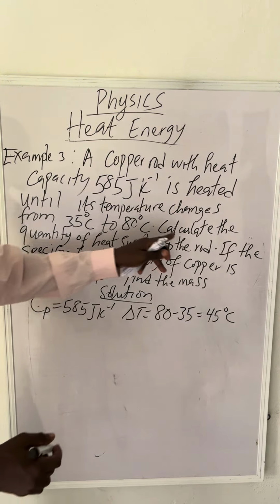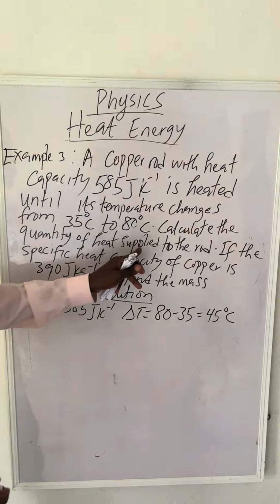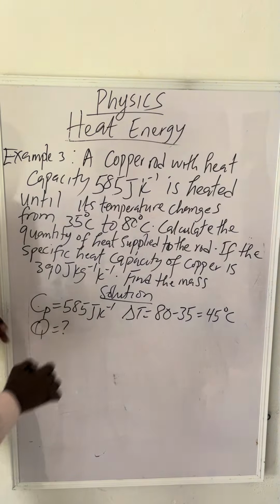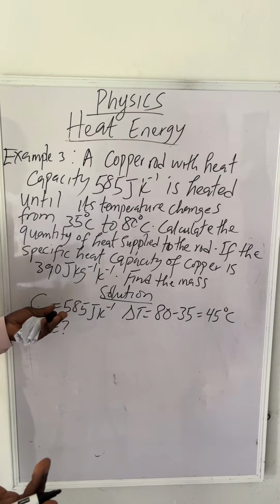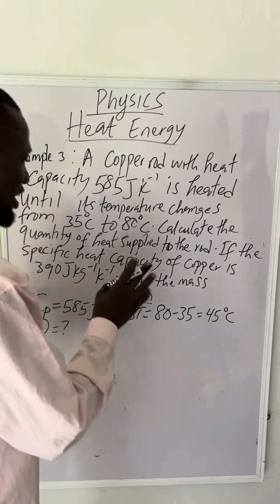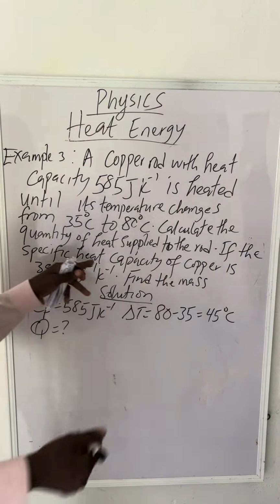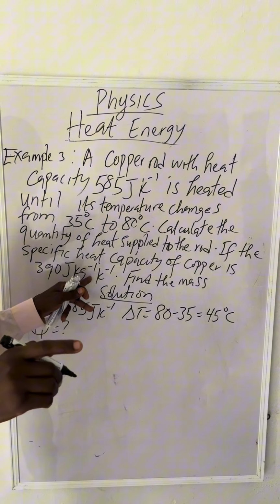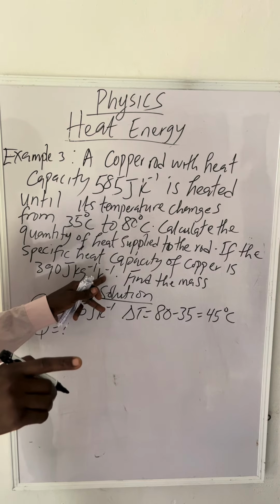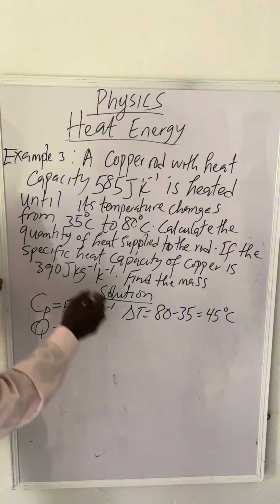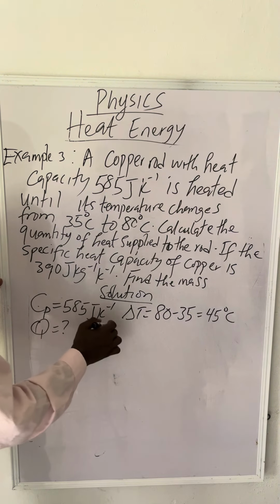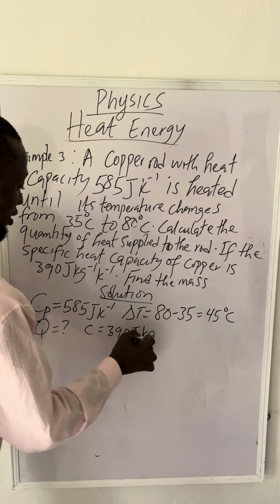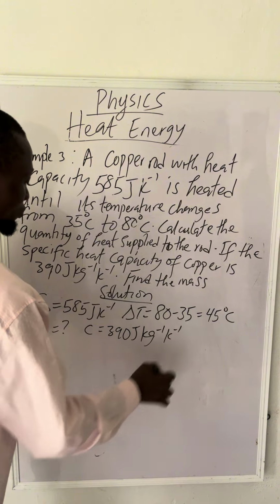So we are here. Calculate the quantity of heat supplied to the rod. So we are going to calculate Q now. The question asks us to calculate Q. That's the first thing. Now, if the specific heat capacity of copper is 390 joules per kilogram per Kelvin, find the mass. So they gave us the specific heat capacity of copper, which is 390 joule per kg per Kelvin.